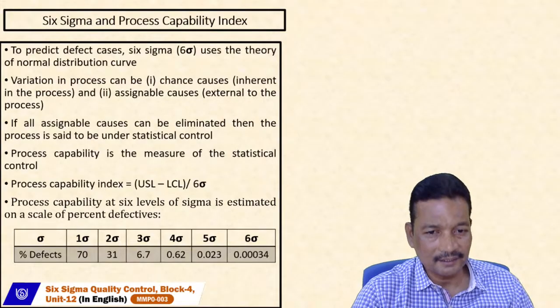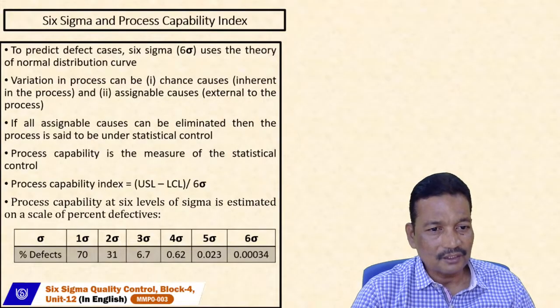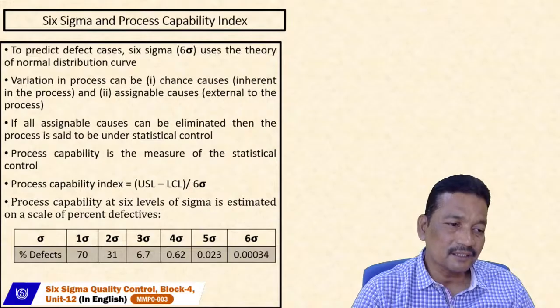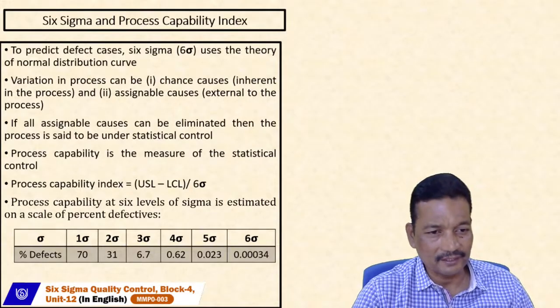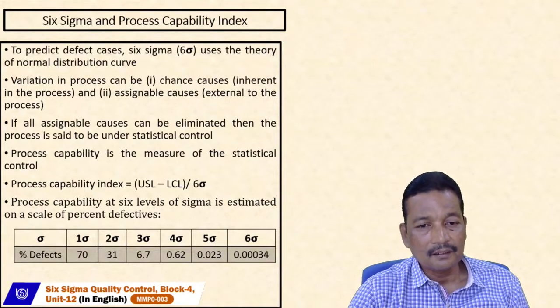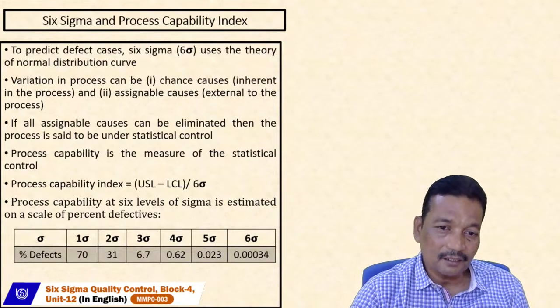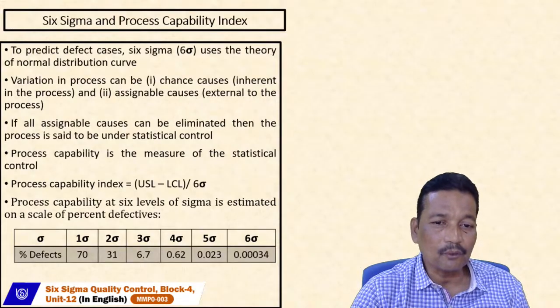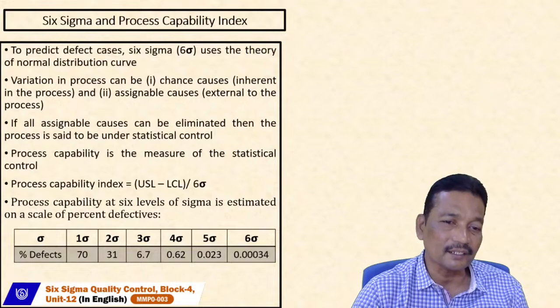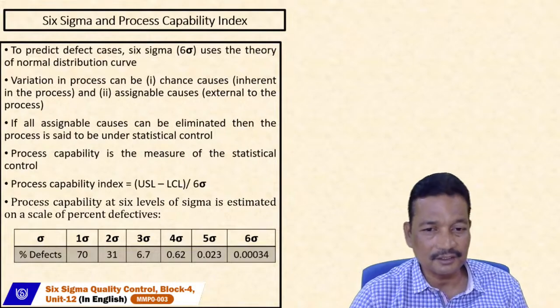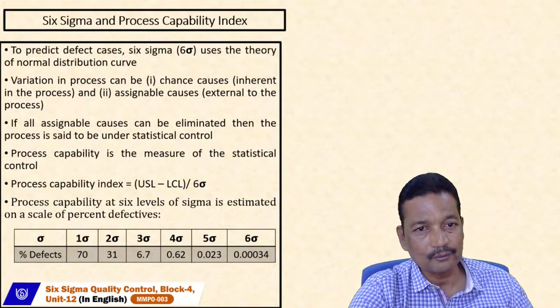For 2 sigma, 31%. For 3 sigma, 6.7% of the items may be defective. If we go to 6 sigma, then only 0.00034% will be defective. That means such is the high quality that we are producing.